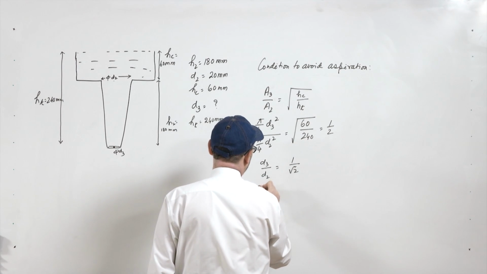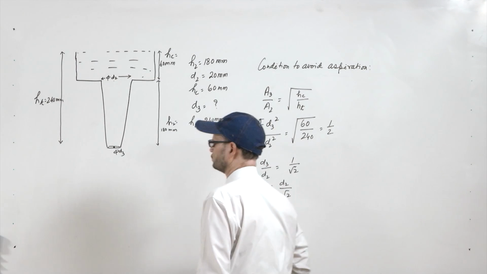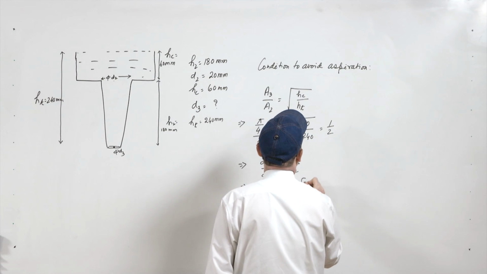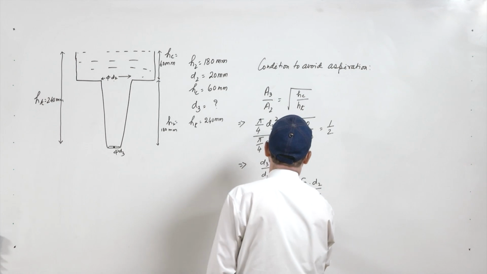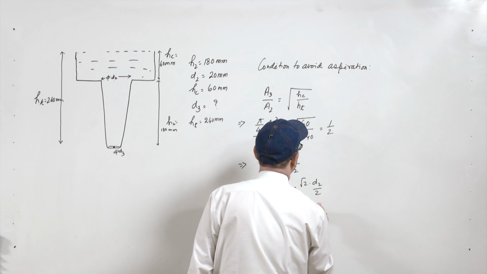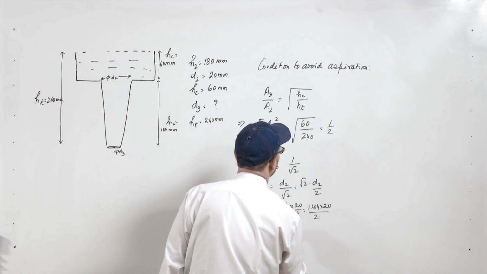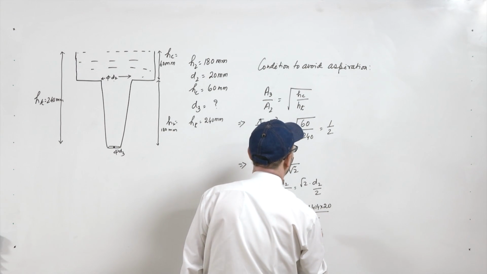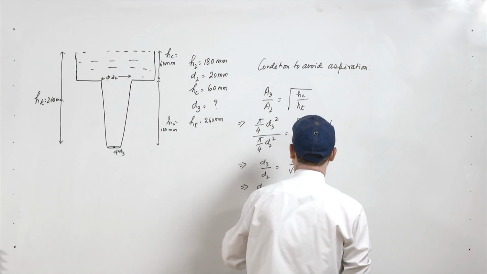So, D3 will be D2 upon root 2, which is root 2 times D2 upon 2, and D2 is given as 20. So, root 2 into 20 upon 2, that is 1.414 into 20 upon 2, which is 14.14.